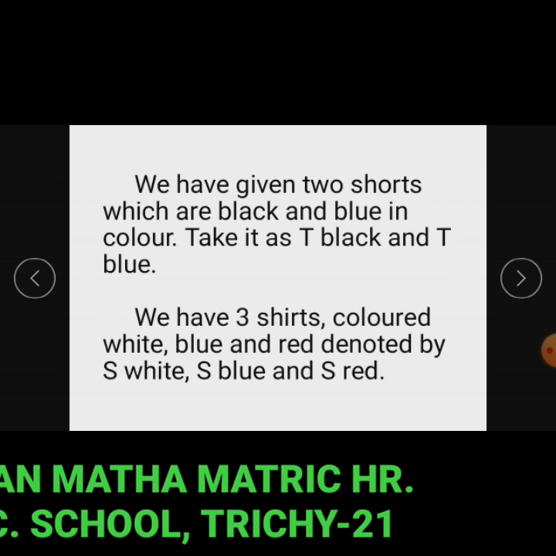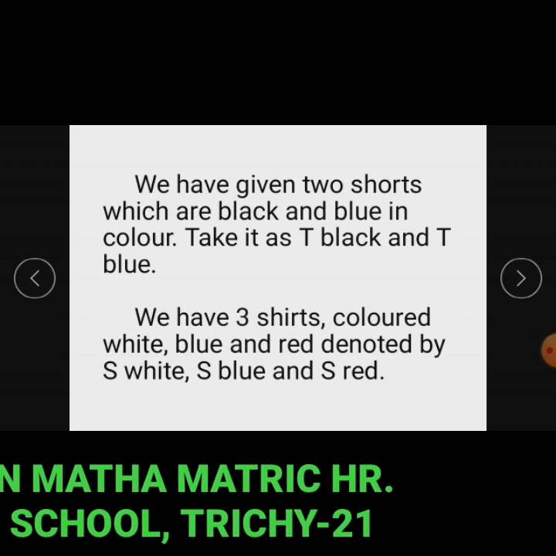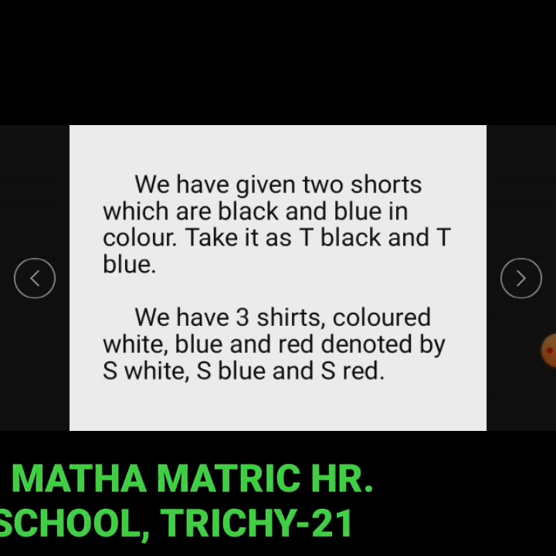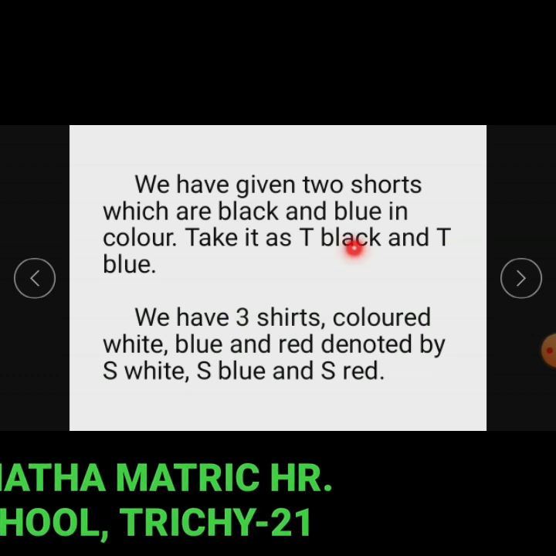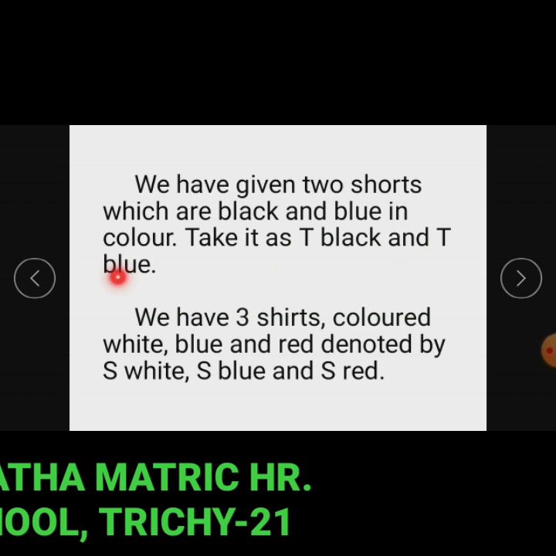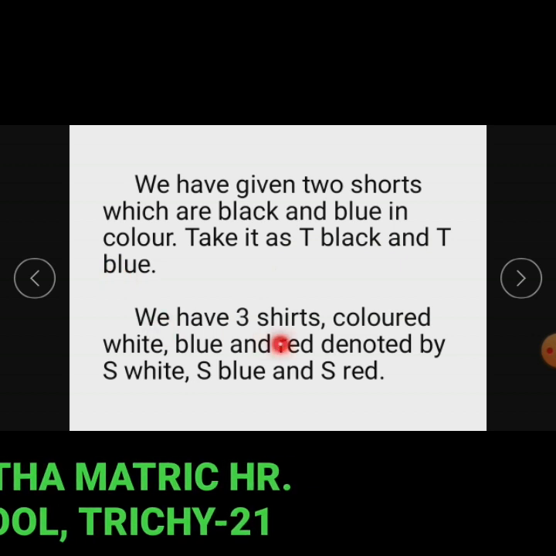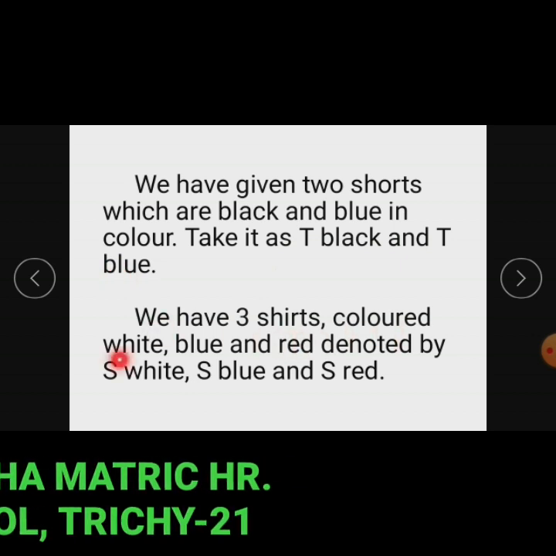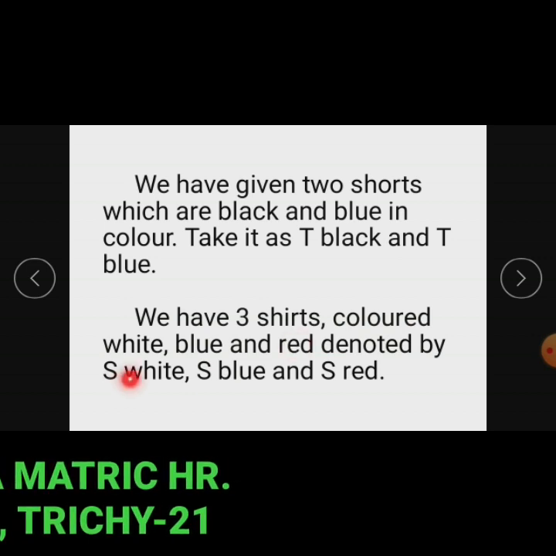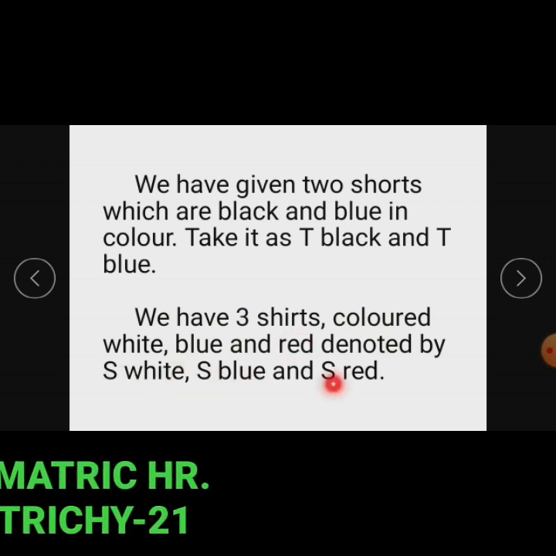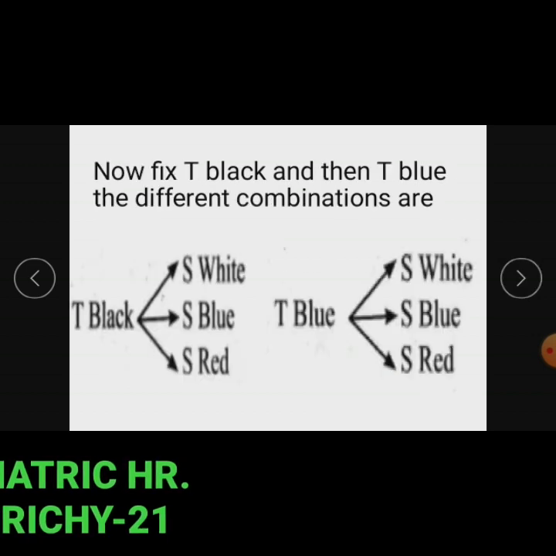We have given two shorts which are black and blue in color. Take them as T black and T blue. We have 3 shirts colored white, blue and red, denoted by S white, S blue and S red.